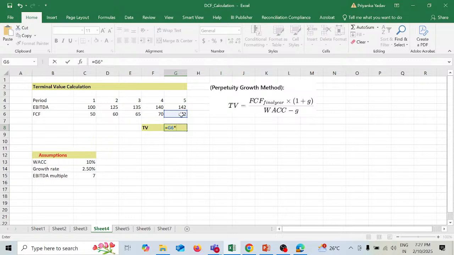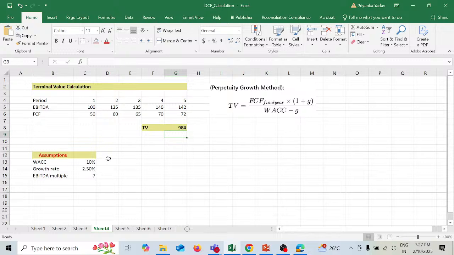Multiply it with 1 plus G, 1 plus the growth rate, which has been provided in the assumptions, and this is divided by WACC, which is also there in the assumptions, minus the growth rate. So this comes out to be 984. This is the terminal value.